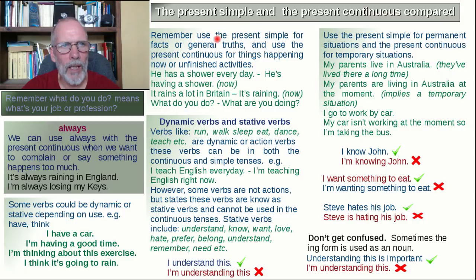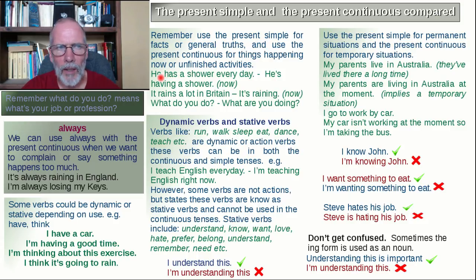First of all, here we have the basic rule that we saw in the previous two classes. Remember, use the present simple for facts or general truths, and use the present continuous for things happening now or unfinished activities. So let's have a look at some of the examples here.